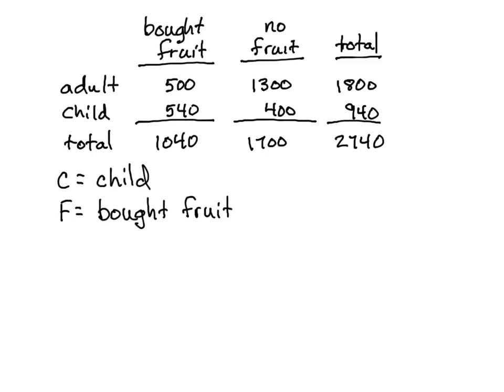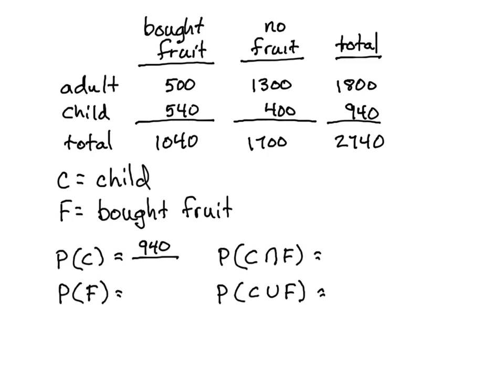Okay, so we can use a table like this to determine conditional probability. So let's look at a few probabilities first. If we're just looking at the purchasers, what's the probability that if we chose one at random it'd be a child?